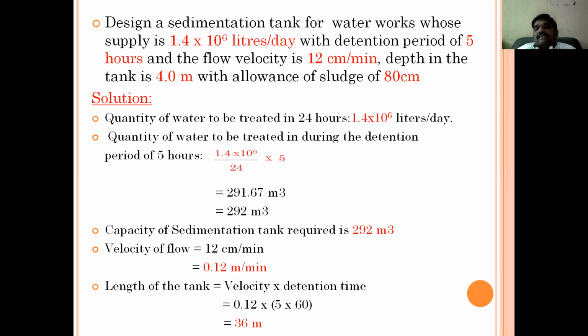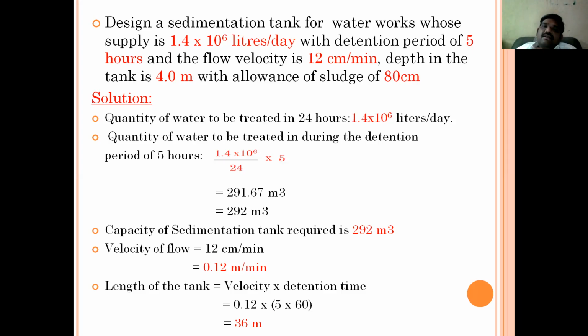See, there is a quantity of water, 1.4 into 10 power 6 liters per day, to be treated within the detention period of 5 hours. What is detention period? The time taken for a particle of water in a settling chamber from the entry to the exit of the tank.